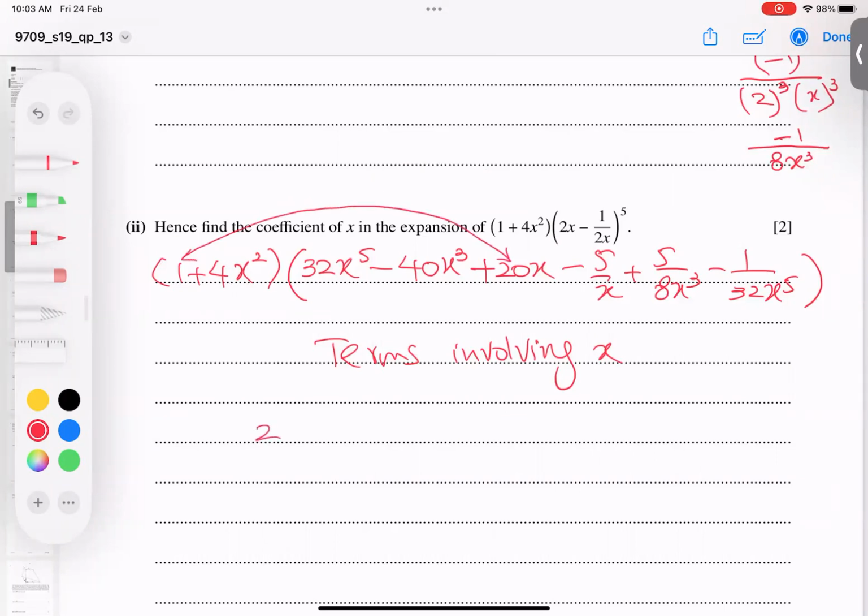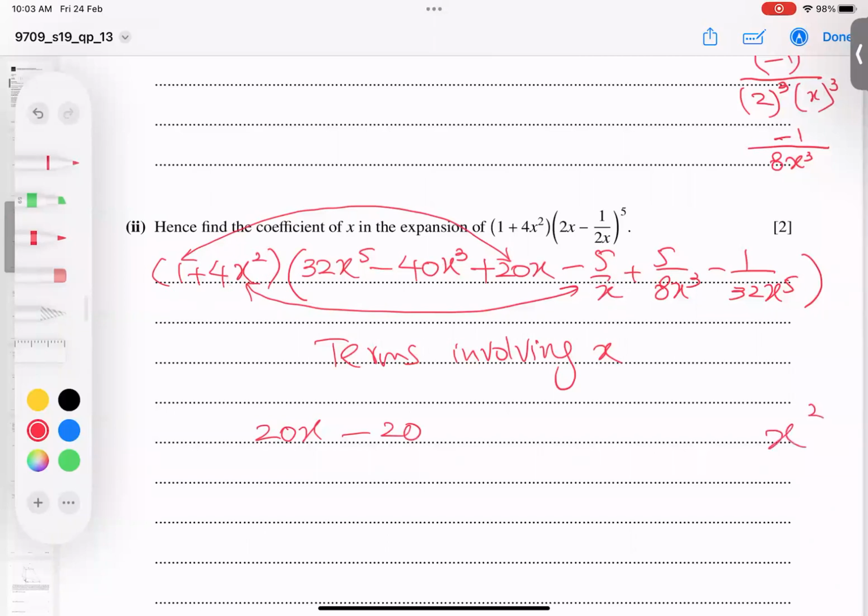So I get 40x. And this multiplies with what value so that I can get x? Naturally x squared cancels with x, so this multiplies with this. Plus into minus, minus 4 into 5, 20, and x squared up, x down.